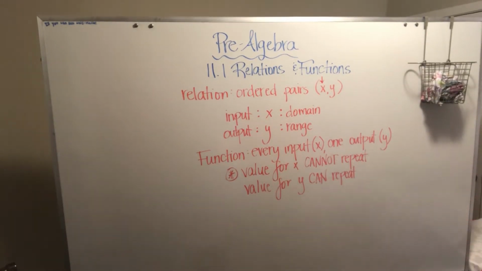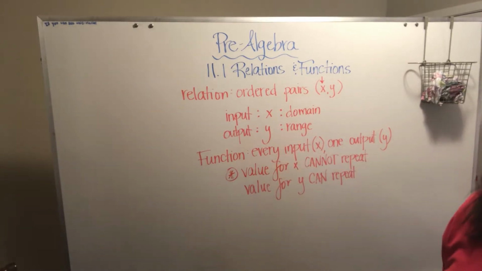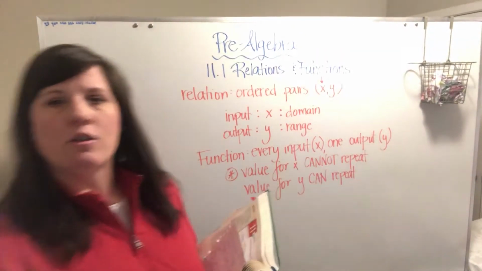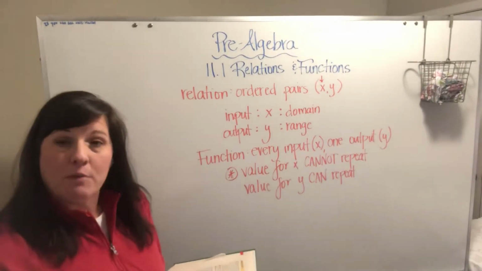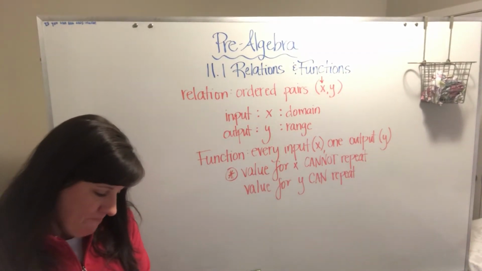So, if it's a function, for every input there is exactly one output, meaning your x values cannot repeat. However, you will understand in a minute that your y values can. I'm going to leave those notes there for a second. You go ahead and copy those down. I'm going over the highlighted terms from page 583.